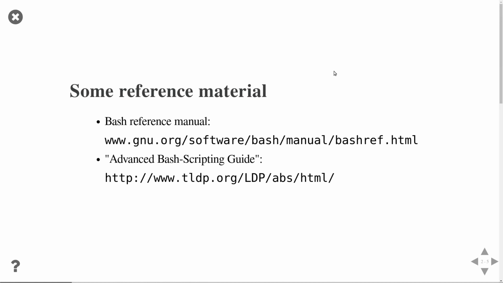There's the Bash reference manual, which is an extensive list of the Bash features, and then a more user-friendly Bash scripting guide on this link. But many of the tasks are best solved by just learning by doing and actually Googling or using man pages when you have questions.